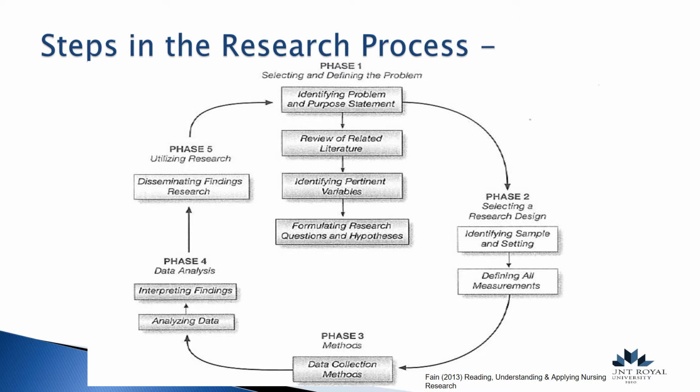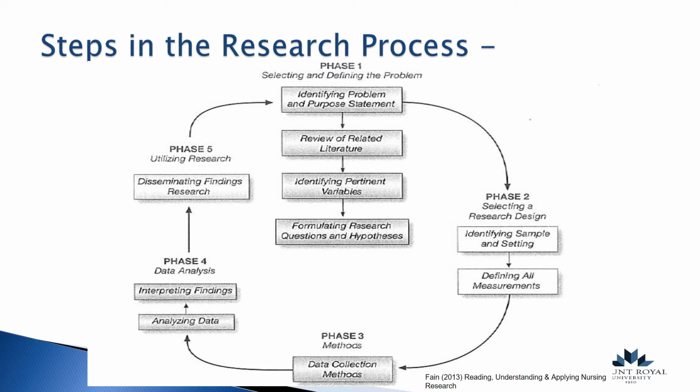So within this phase, we'll also identify a sample, the sample of the population we want to conduct our study in. We might look at the setting for that study. It might be in a lab.